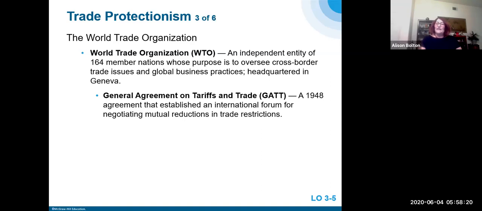It came about in 1948, and that's when the World Trade Organization was created for negotiating mutual reduction in trade restrictions. So make sure there's not a lot of trade restrictions, but there's time where there needs to be help with those, and the World Trade Organization assists with that.